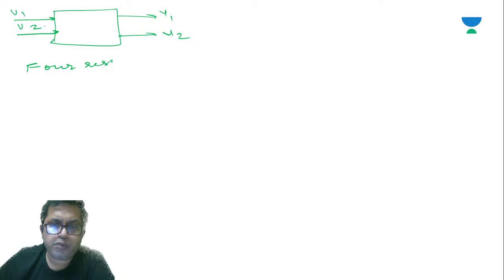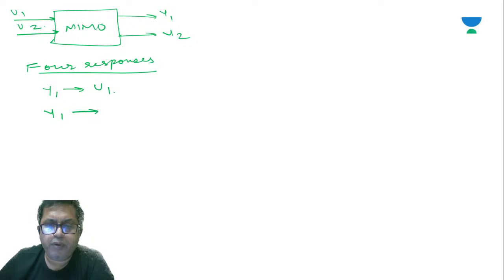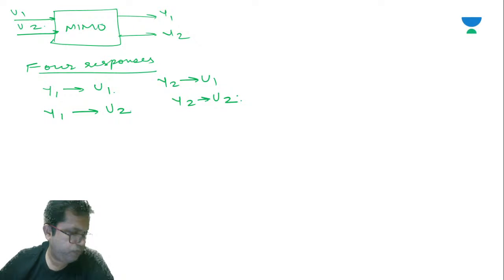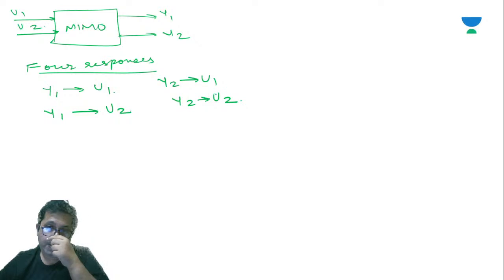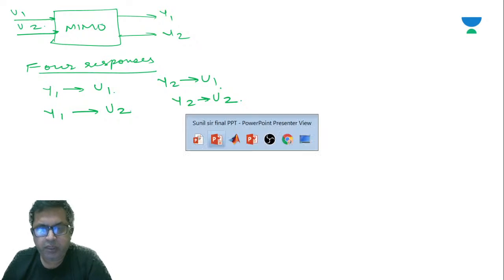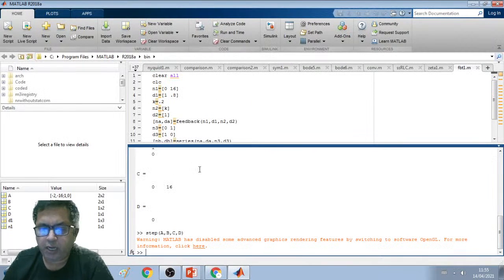How? y1 because of u1, y1 because of u2, y2 because of u1, and y2 because of u2. Four responses. Let us complete this hands on.